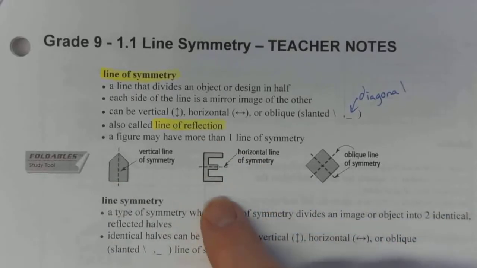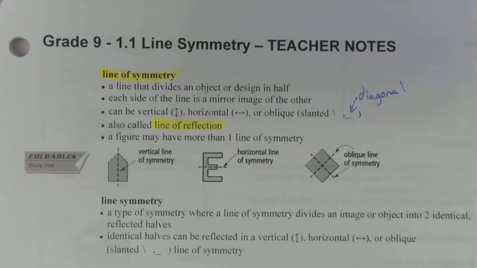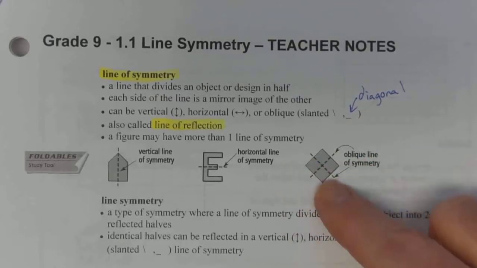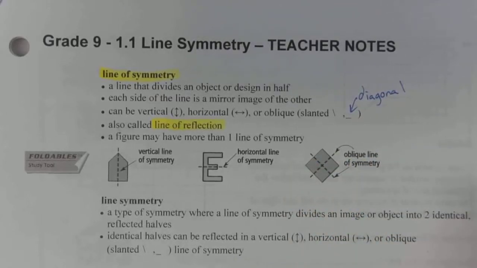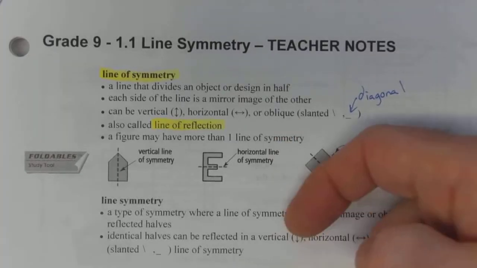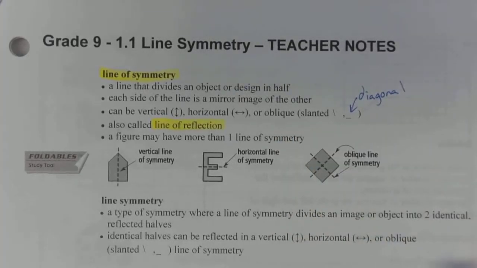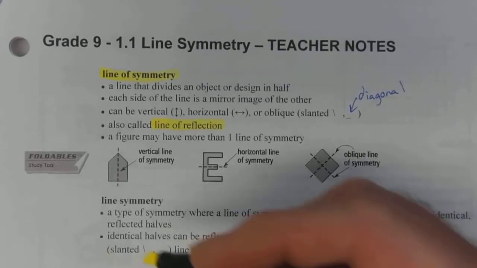On an uppercase letter E, we've got a horizontal line of symmetry down the middle. Top and bottom halves are mirror images of each other. And on a rotated square, we've got oblique lines of symmetry. These are diagonal lines, and both sides of each of those lines are mirror images of each other. So that's a line of symmetry.